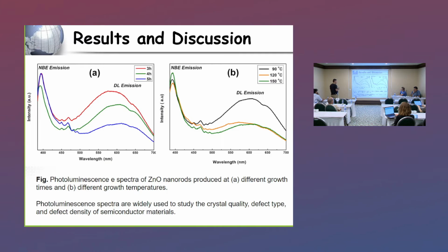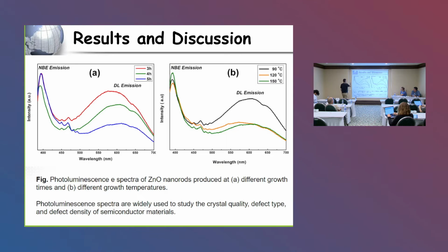It is very important to check whether a defect is acting on the application, and this is the PL measurement result. There are two emissions. The first one is the near band emission, and the second one is the deep level emission, in the visible region.